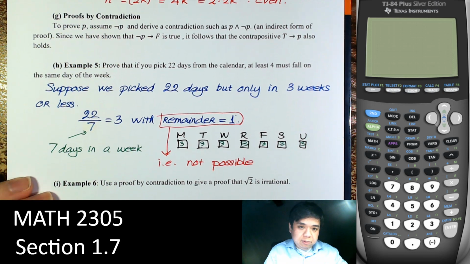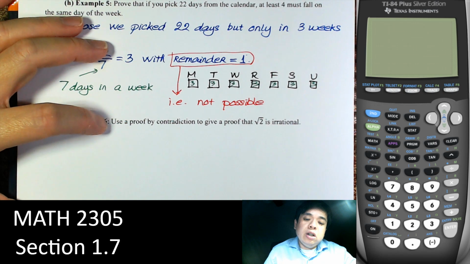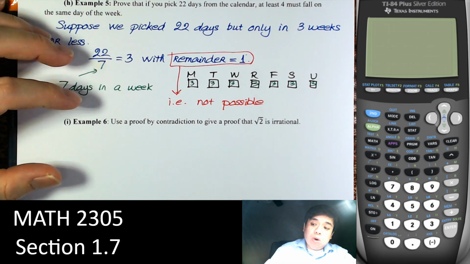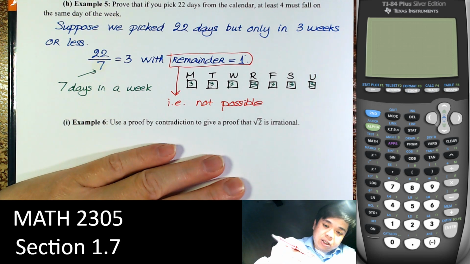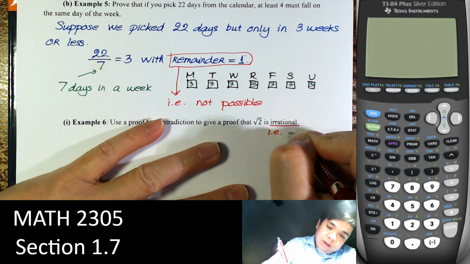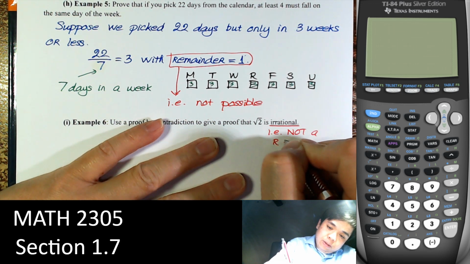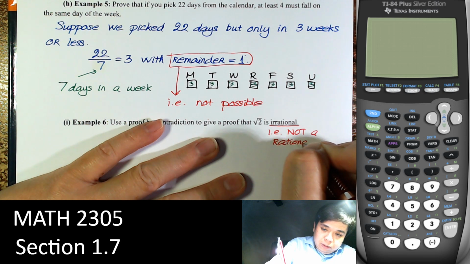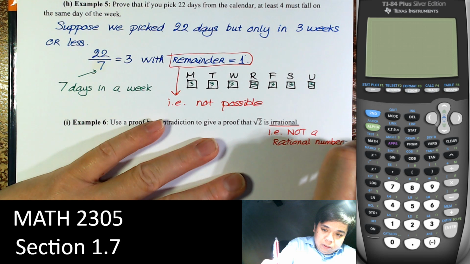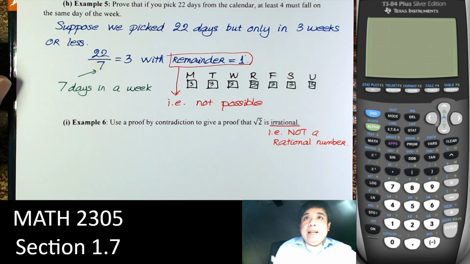Right. So now use proof by contradiction to prove that the square root of 2 is irrational. Irrational means not a rational number. So that's what we try to prove.